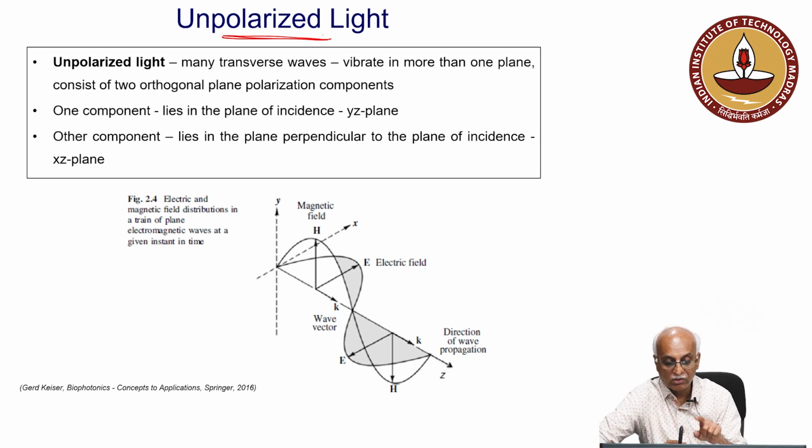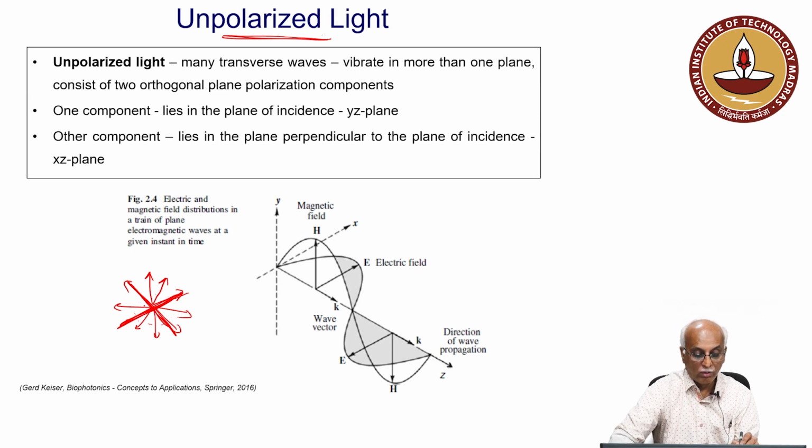That means the electric field of unpolarized light will be oscillating in different planes. So one electric field oscillating in this plane, another one in this plane. So this electromagnetic wave consists of many such electric fields oscillating in different planes.